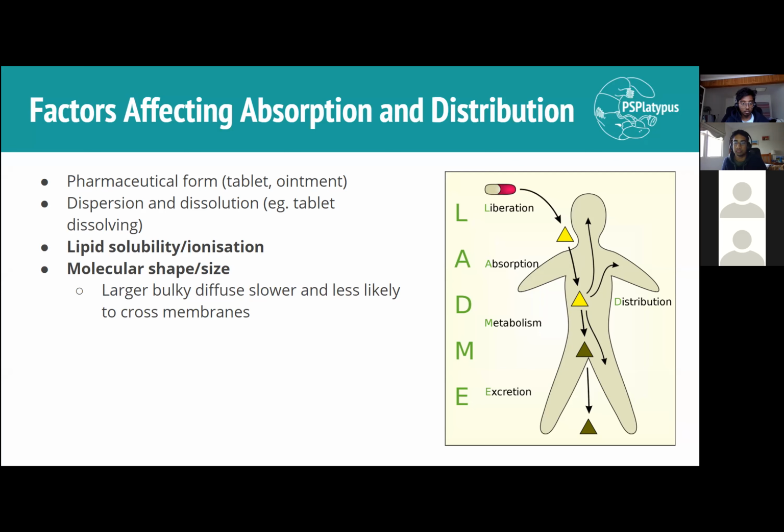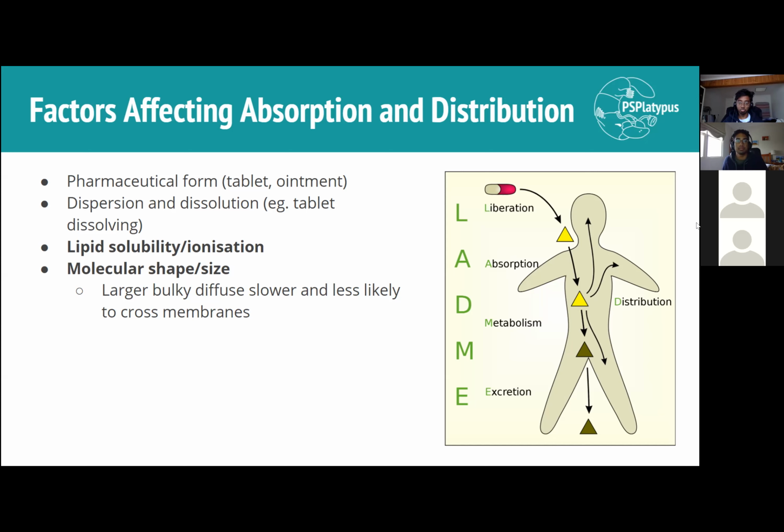And once the active ingredient is released, things like lipid solubility, ionization, and molecular shape and size become more relevant because we want the active ingredient to get into the body and be distributed throughout the body. So we're going to talk about lipid solubility and ionization in the next slide, but for molecular shape and size, for example, large bulky molecules diffuse slower and are less likely to cross membranes.